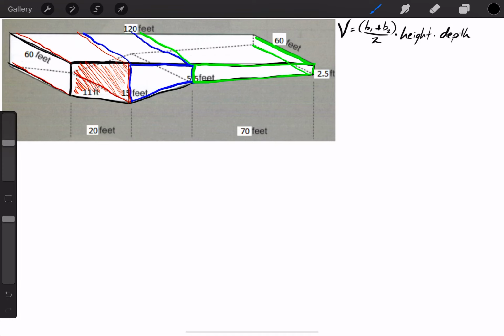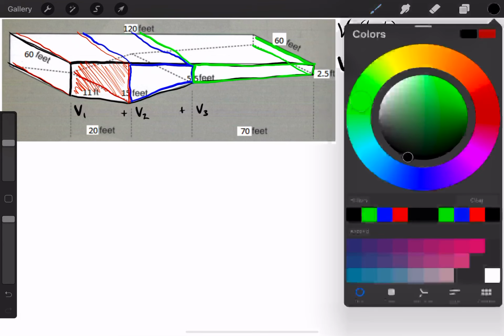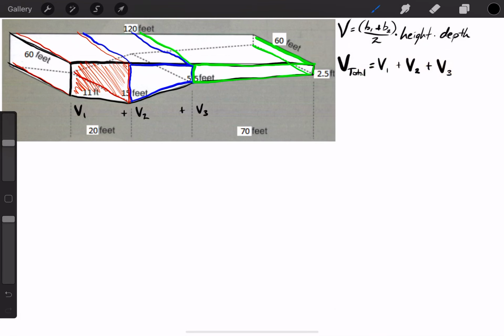So ultimately, when we're done with this, our volume total is just going to be V1 plus V2 plus V3. We're just going to go through and find the volume of each one of those trapezoidal prisms separately, and then we're going to add them all up.